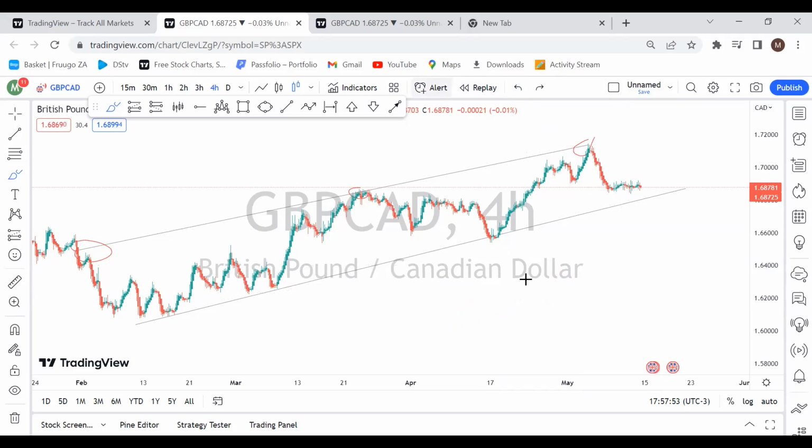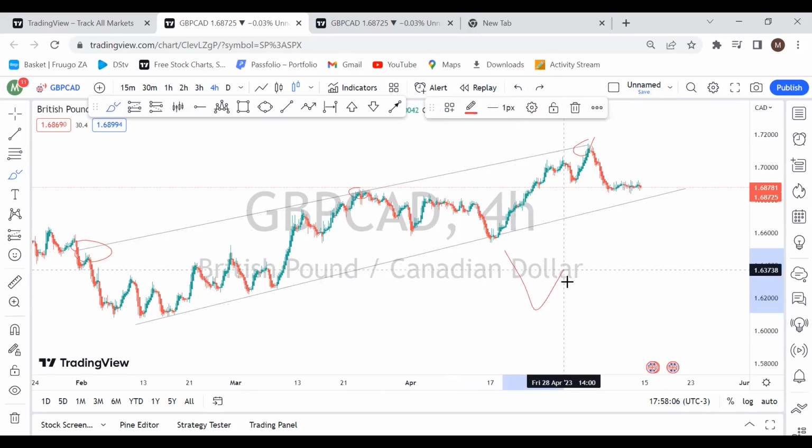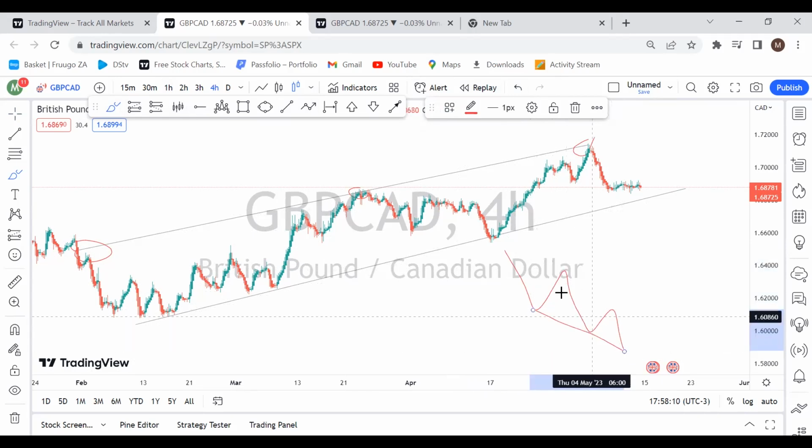And the opposite goes for a descending structure. Let me just illustrate it. You would have a descending structure like that. This is your support, your resistance of the structure. Usually we'll be eyeing the third touch, which has the highest probability, as many of you guys know.